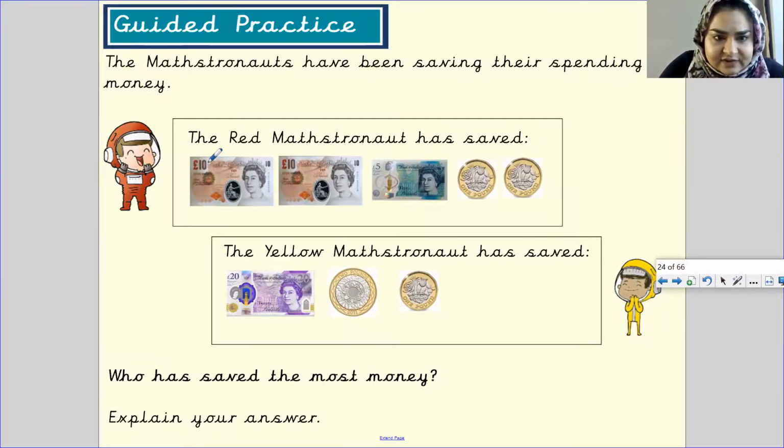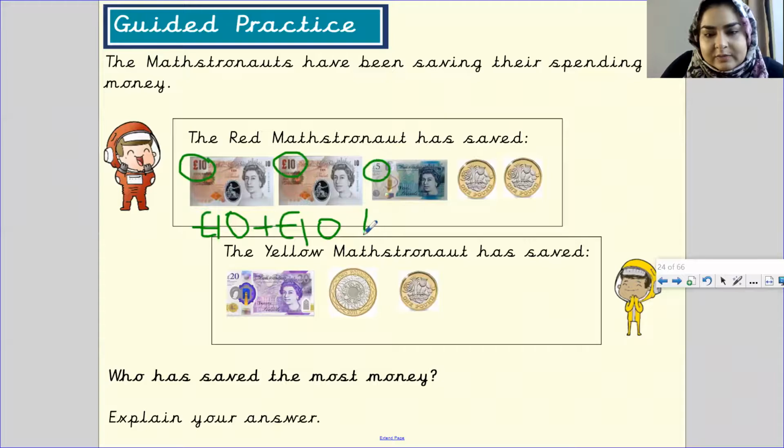So the red one has saved £10 plus £10 plus £5 and £1 plus £1.